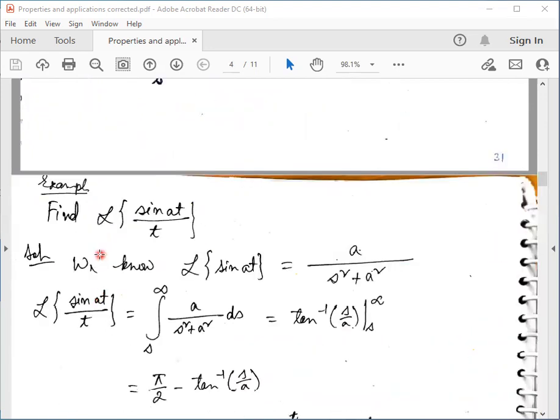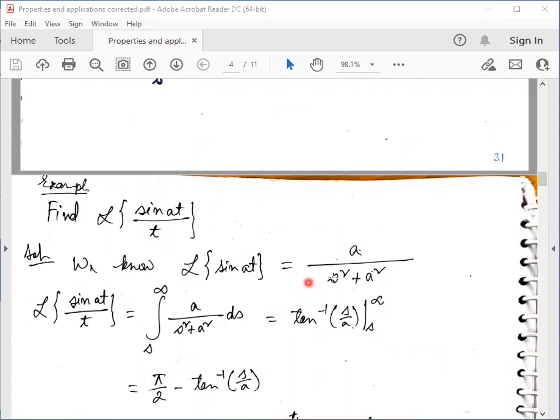Find the Laplace transform of sin(at) by t. I repeat, find the Laplace transform of sin(at) by t. So division by t. For the time being, we neglect this t in the denominator, and first we calculate the Laplace transform of sin(at), which is a divided by s square plus a square.